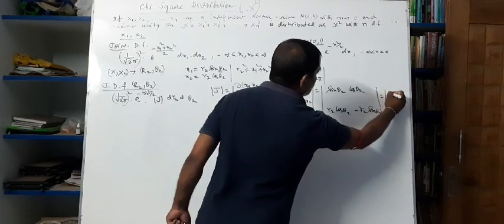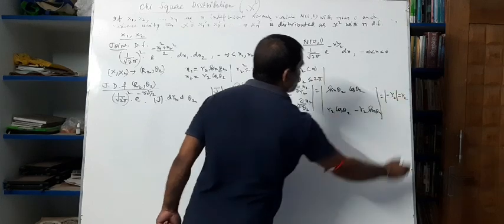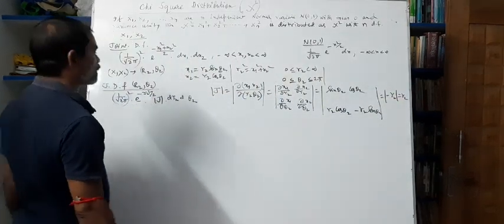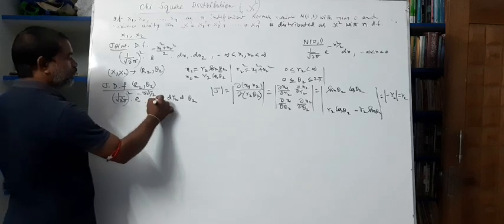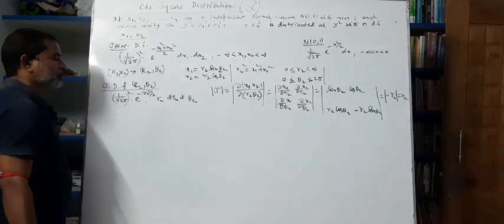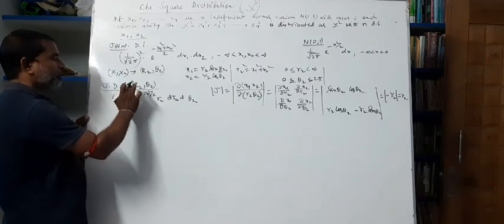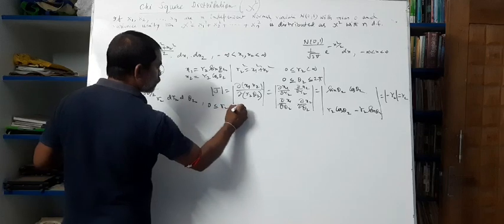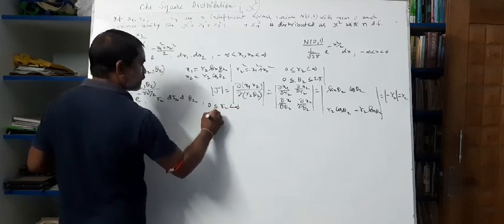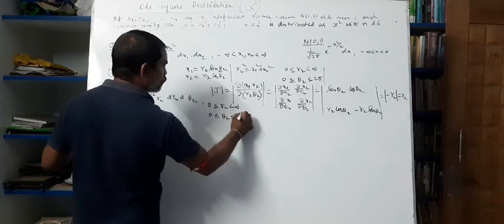So this gives mod of minus r2, that is r2. Therefore, the Jacobian is r2. So this Jacobian is replaced by r2, and this is the joint distribution function of r2 and theta 2, where 0 less or equal to r2 less than infinity and 0 less or equal to theta 2 less or equal to 2 pi.